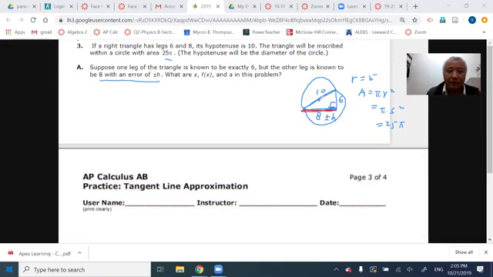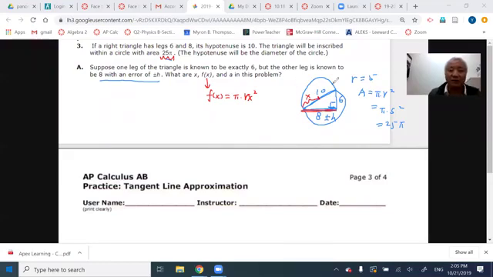Since they're talking about the area of the circle, we assume that fx will be equal to pi r squared, or just x squared. Okay, we'll put it as x squared because this is the x. So x will be from here to here. This is the x, like this.